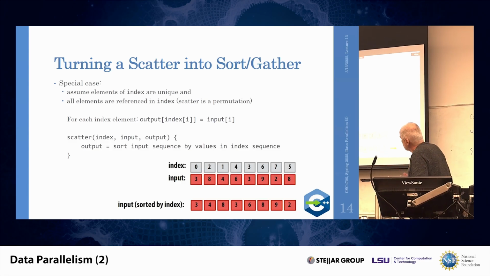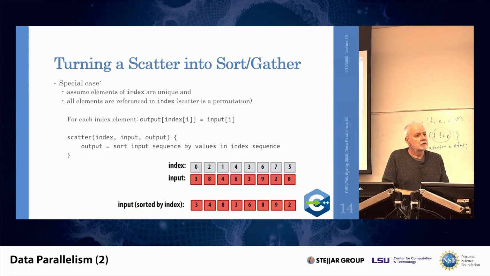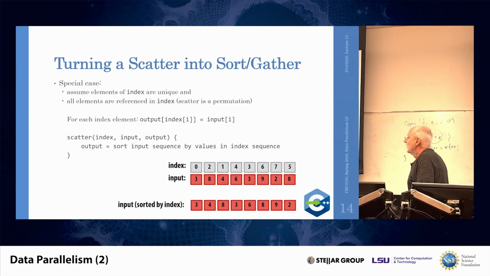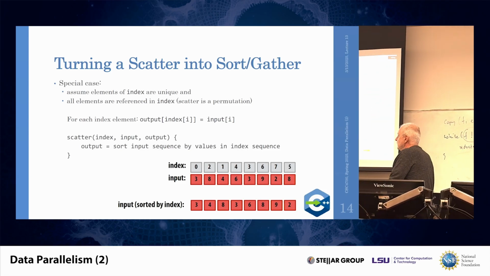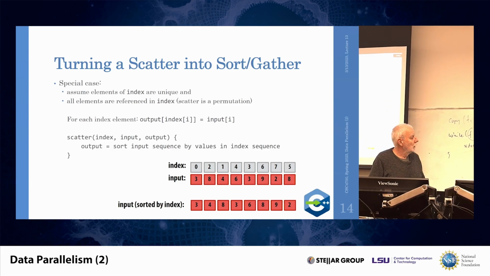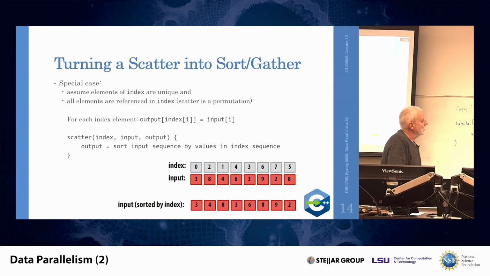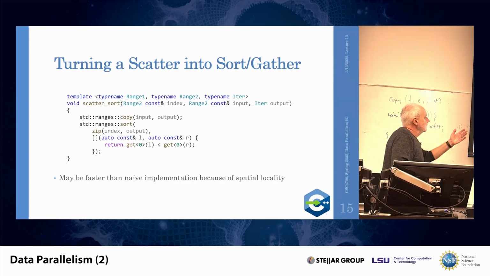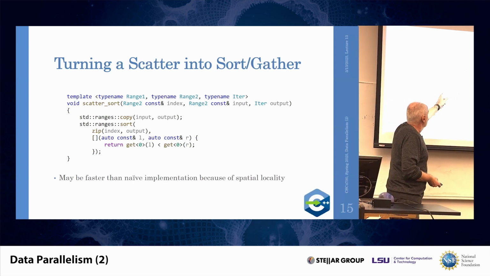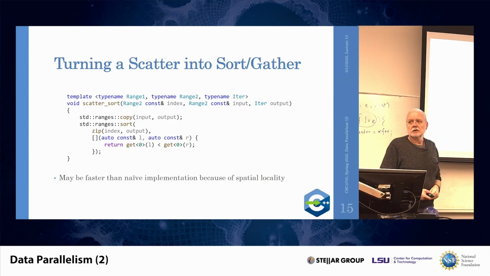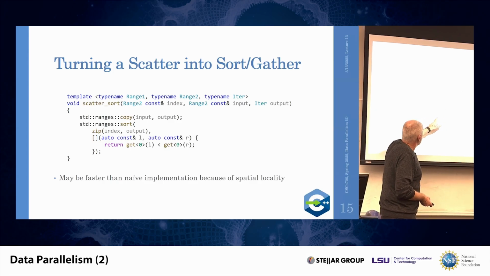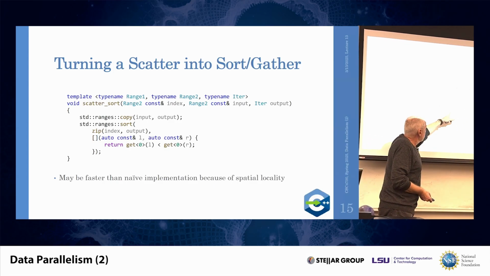So just as an alternative way to implement things, if you have a very large sequence and you know that your indices are unique, then implementing it this way might actually be more efficient than doing the explicit scatter operation by hand. Just as an example, how do we do that? Well, in this case, I just assume that the output needs to be explicitly created, so I copy it, and then I zip over the index and the output, with the binary function I'm passing in.